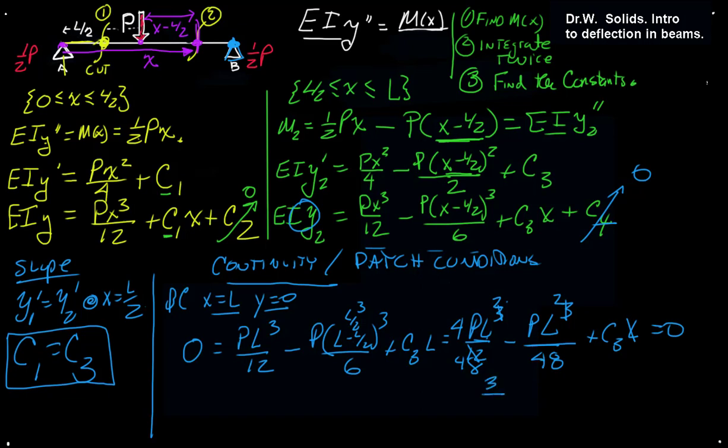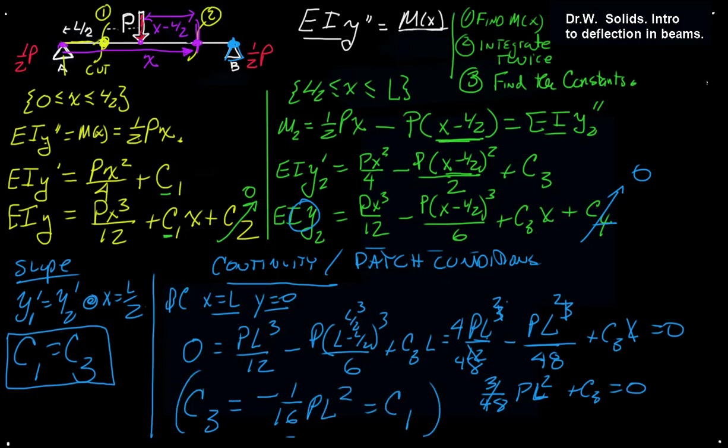So this becomes 3 over 48 PL squared plus C3 equal to 0. And that's 1/16, and we find that C3 will be negative 1/16 PL squared, and it also is equal to C1 by our boundary conditions. So with that, we finally have chased down our value for C1 over here, as well as here.